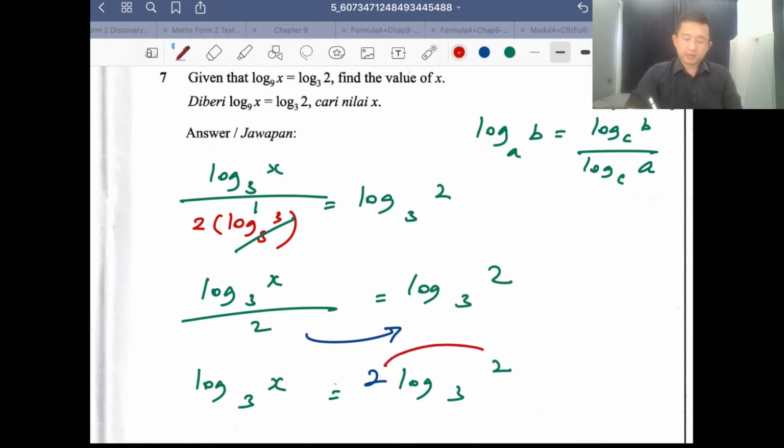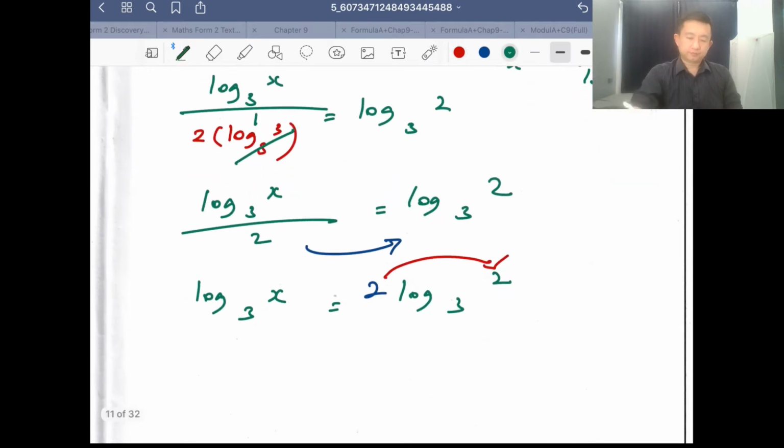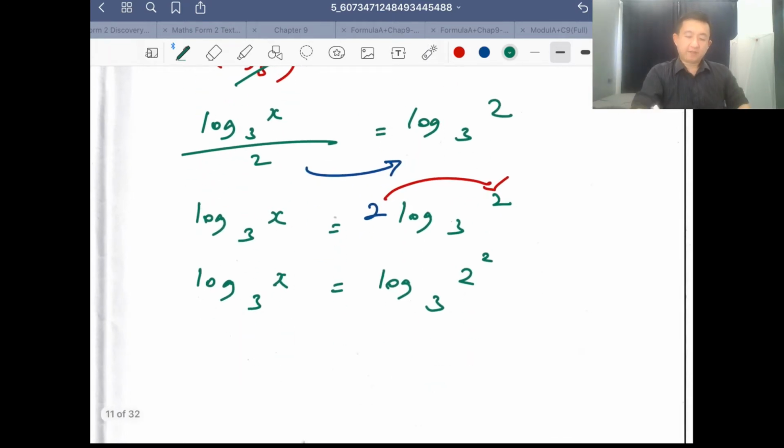And then now you can make it a power. They have the same base. You can ignore it. Look at this part. x equals 4.